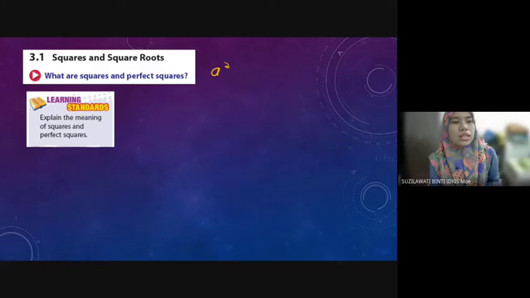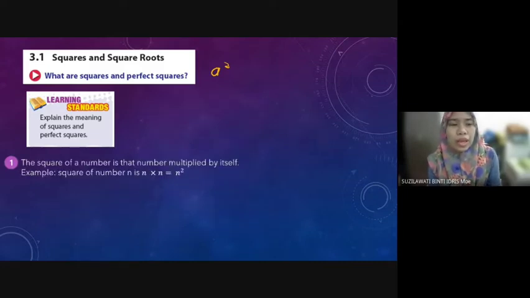The learning standard you need to achieve in this topic is to explain the meaning of squares and perfect squares. First, the square of a number is that number multiplied by itself.